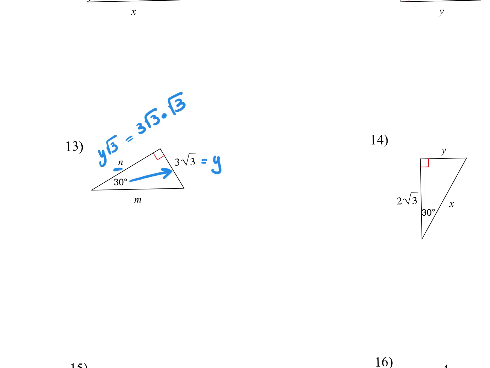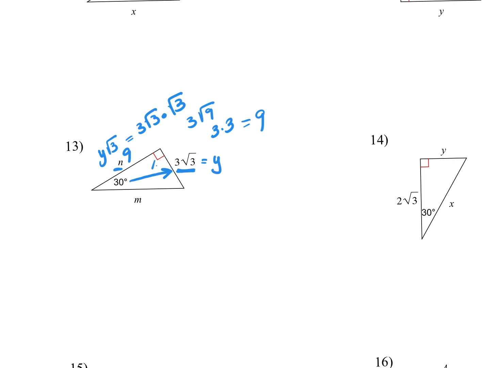Okay, do not fall into the trap of assuming that 3 square root 3 is actually the side opposite of the 60 degrees, because it's not. So here, when I multiply this out, I'm going to get 3 square root 9. And the square root of 9 is 3, so my answer is actually 9. So this side length is actually 9.